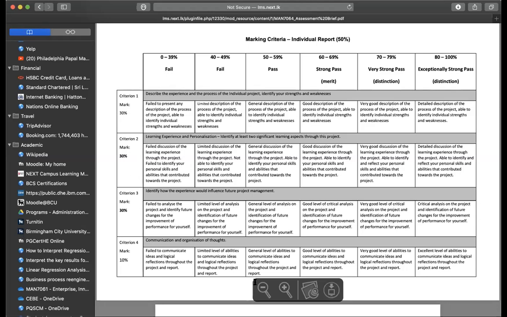Say, for example, you're describing the experience and the process of the individual project, identifying your strengths and weaknesses. Now you are basically saying, in the process design, we realized that there are actually about 4 processes.